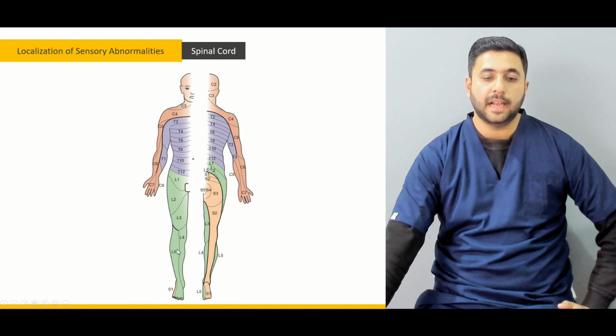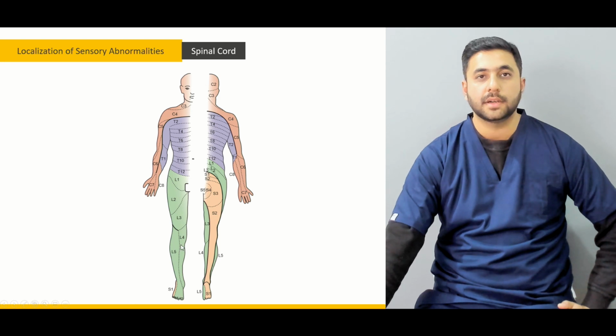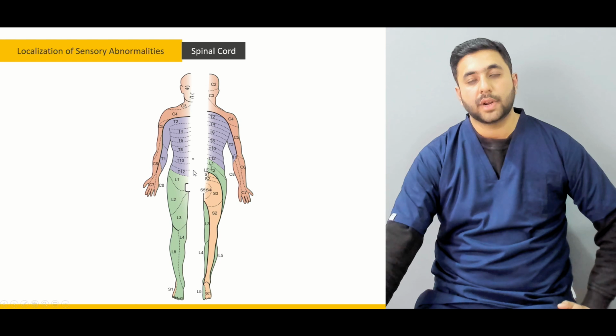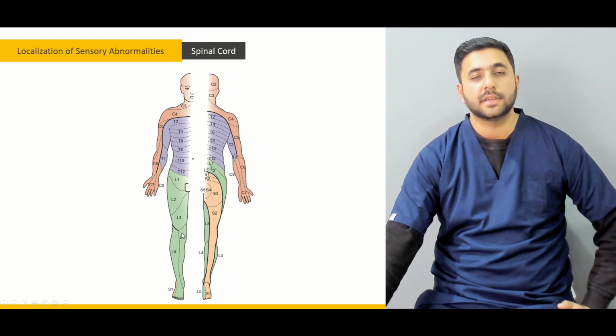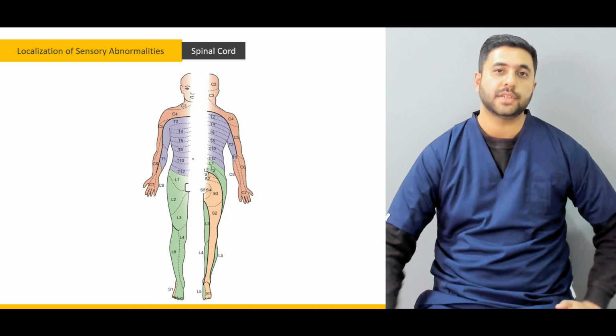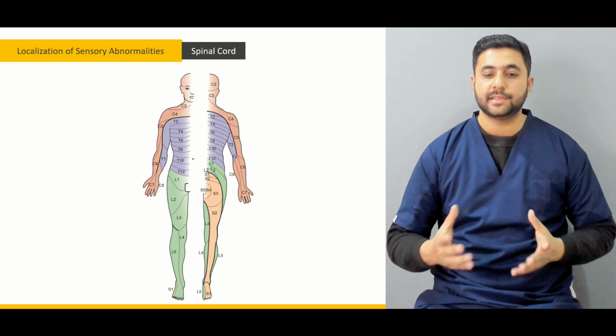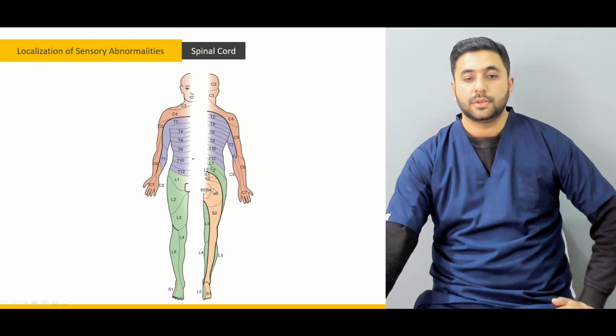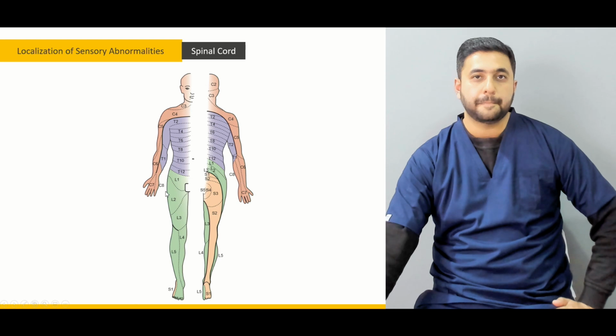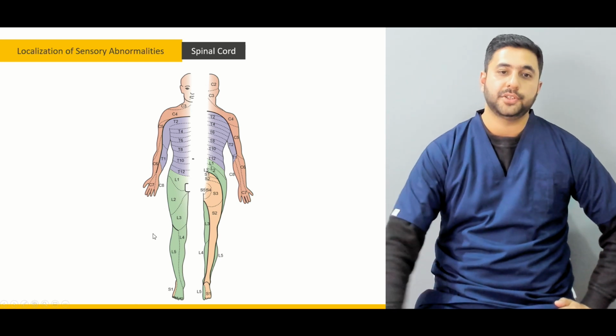For example, the L5 skin dermatome is very low down at the level of the foot or the leg, but L5 is located in the lumbar area. So their relative position on the skin doesn't give us a perfect association with their relative position on the spinal cord. It is important to understand and memorize this to evaluate the sensory nervous system during a clinical examination.